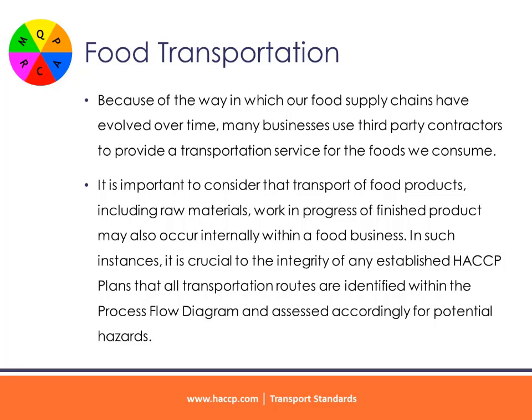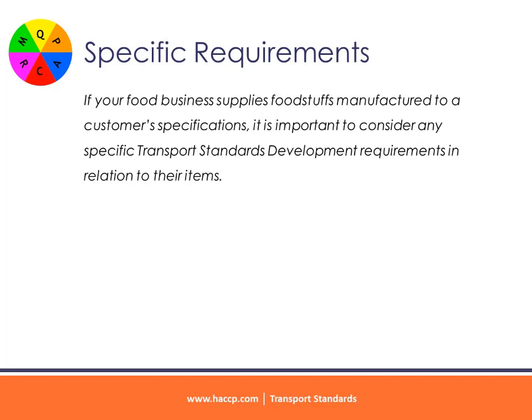In such instances, it is crucial to the integrity of any established HACCP plans that all transportation routes are identified within the process flow diagram and assessed accordingly for potential hazards. If your food business supplies foodstuffs manufactured to a customer's specifications, it is important to consider any specific transport standards development requirements in relation to their items.